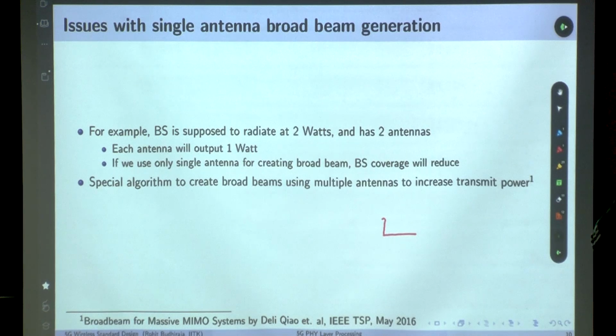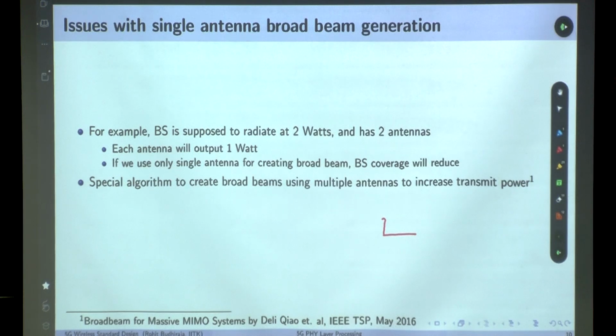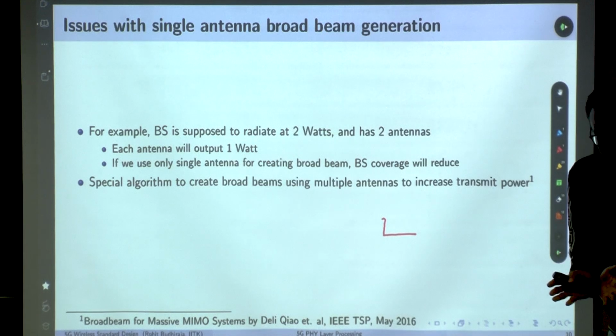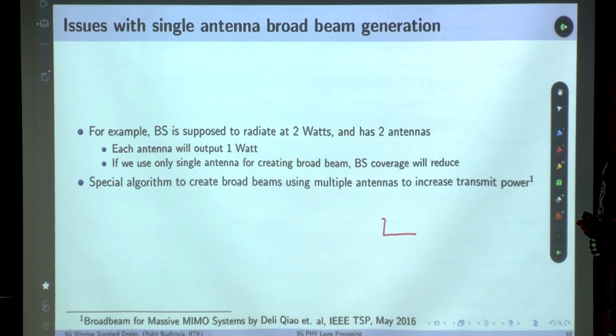You are using all the antennas to create a broad beam, so you will use all the power. If you use only one antenna to create a broad beam, you will use only the power of one antenna, which is not sufficient. But if you use these algorithms to create a broad beam using multiple antennas, then you will use all the 2 watts or 64 watts and you will be able to serve the users.